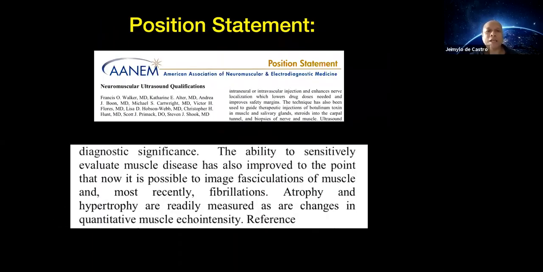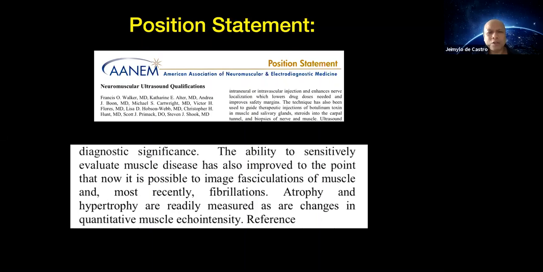This is a position statement of the American Association of Neuromuscular and Electrodiagnostic Medicine, which says that the ability to sensitively evaluate muscle disease has also improved to the point that it is now possible to image fasciculations of muscle and also fibrillations. So using dynamic imaging, if you put the probe on an area where you suspect fasciculations, you can actually see the muscle moving.